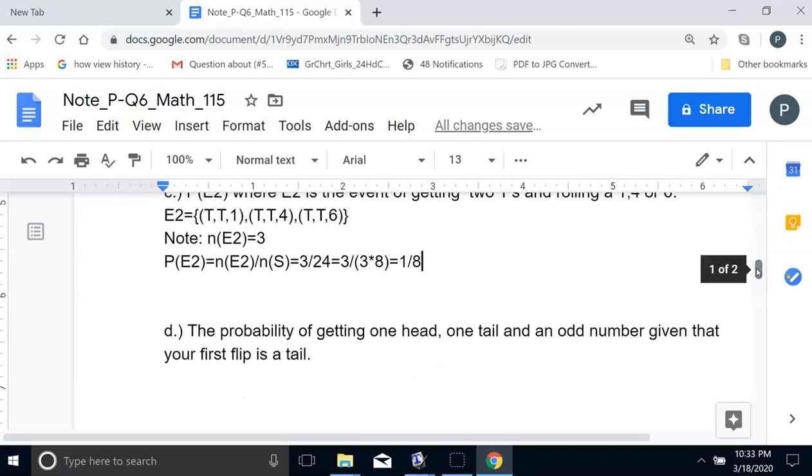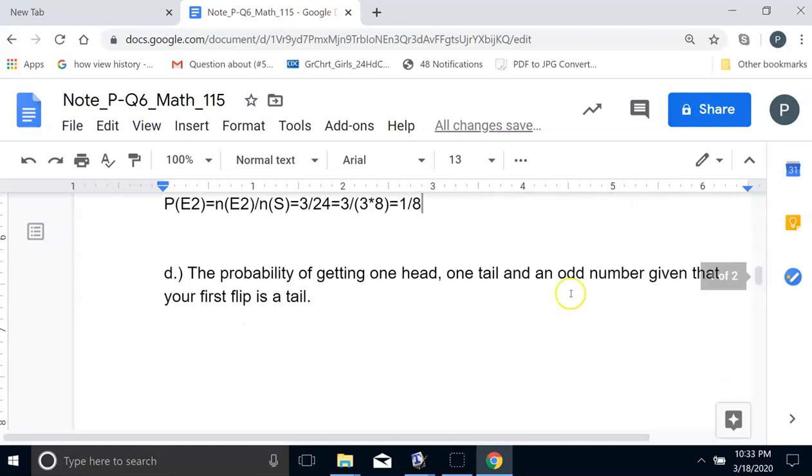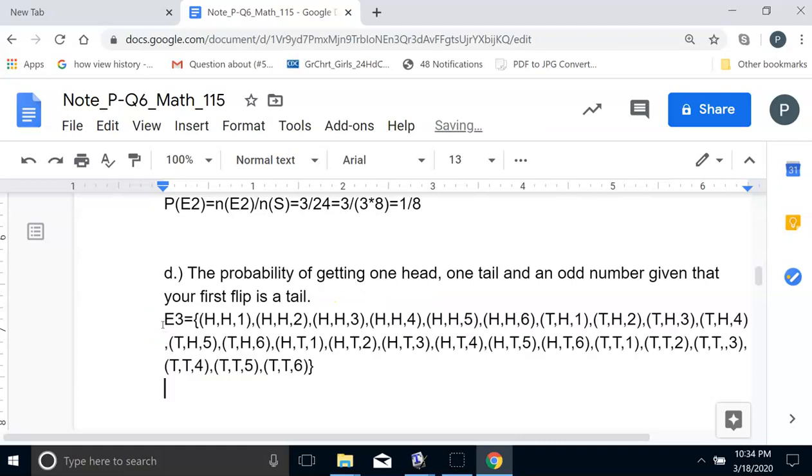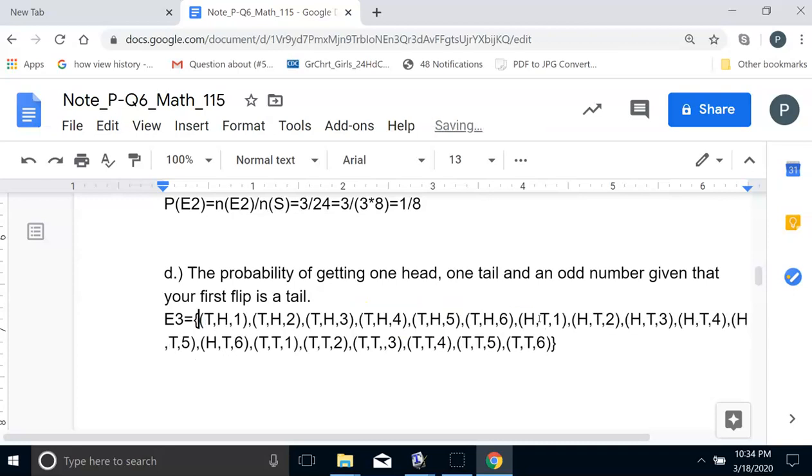Okay, so part C, probability of getting 1 head, 1 tail, and an odd number. Let's call that event 3. We have 1 head, 1 tail, so you need a mixture. So you can't have all tails, so take those away. You can't have all heads either. You need a mixture of heads and tails. And then amongst those left, you need an odd number.